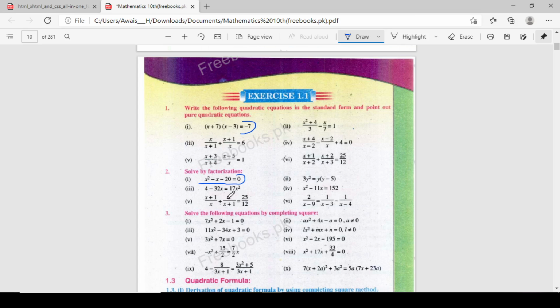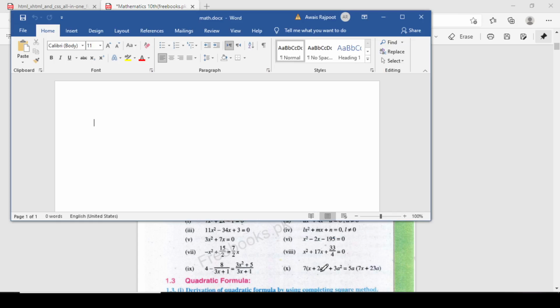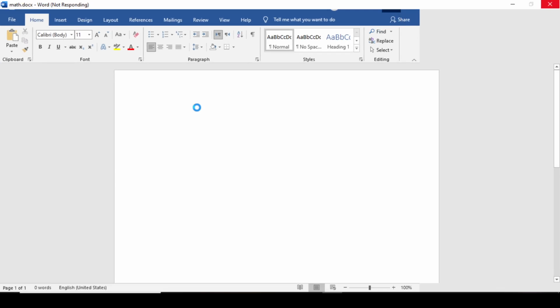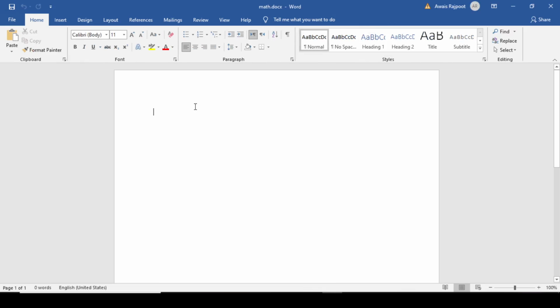I will choose this question for solving. So we can go to MS Word and type the equation. My MS Word is opening, so wait a minute.